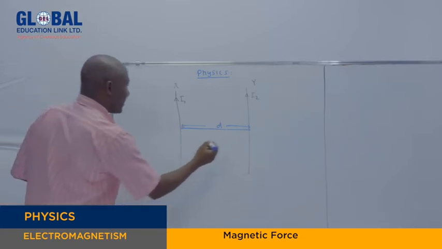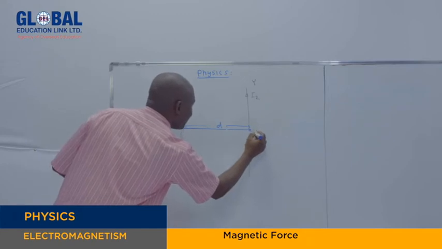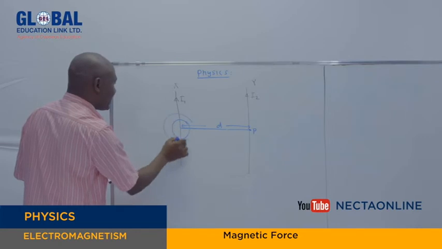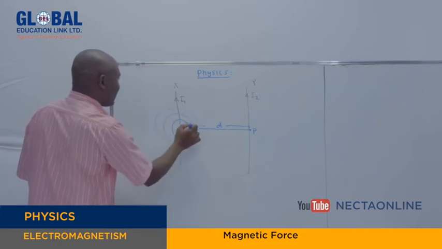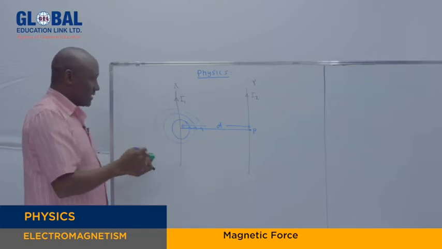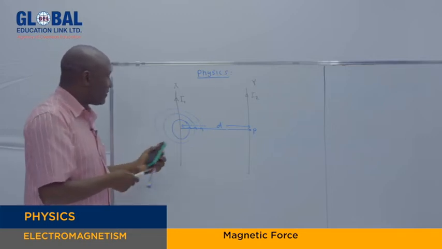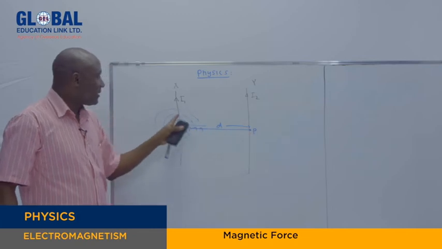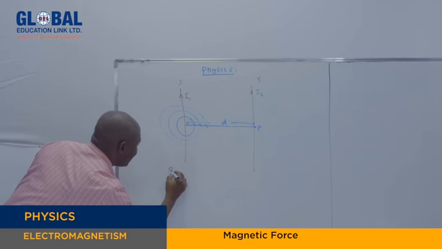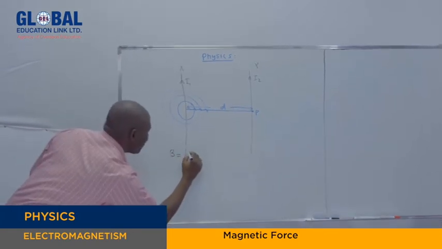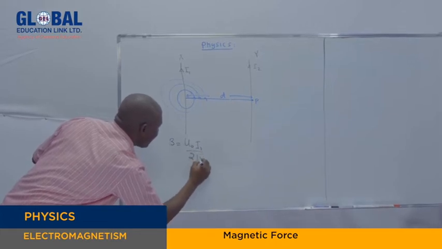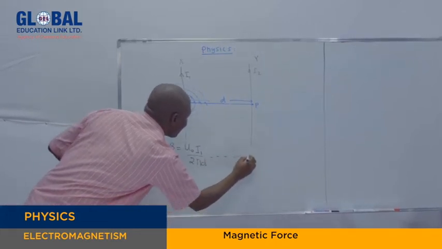And let's find now the magnetic flux density at point P, due to the magnetic field which has been created by this wire. Because of that, this wire produces the magnetic lines of force. And hence, how do you find the magnetic flux density at P? So the magnetic field, we know by the definition we did in the previous discussion, is given by mu I1 over 2 pi d.